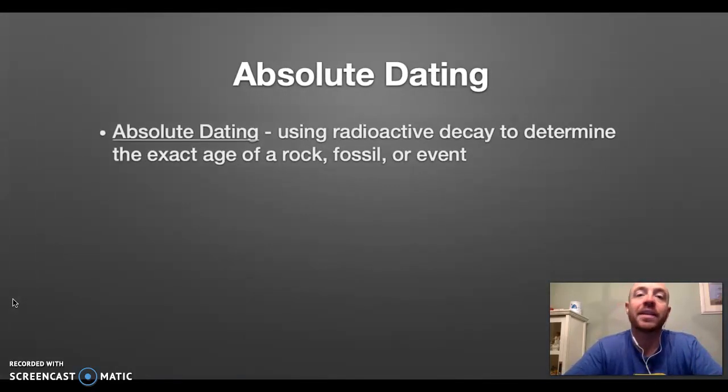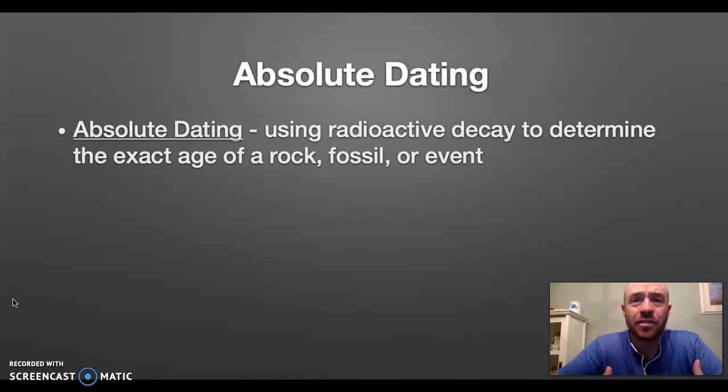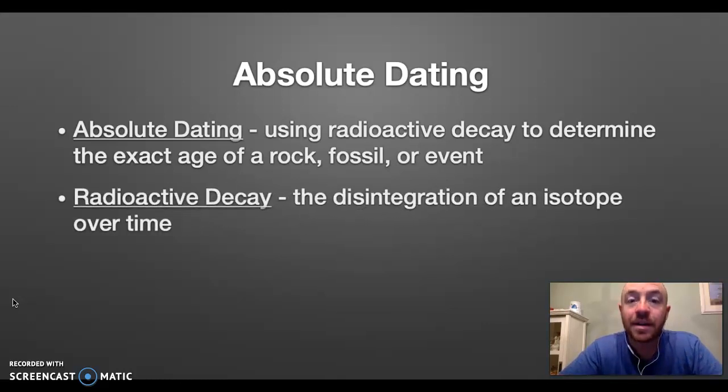All right, so absolute dating. Again, I read the definition before. It is using radioactive decay to determine the exact age of a rock, fossil, or event. Now, what do I mean by radioactive decay? For all intents and purposes, radioactive decay just means that as our fossils are left behind, or as a rock is left behind, the atoms that are left behind become isotopes.